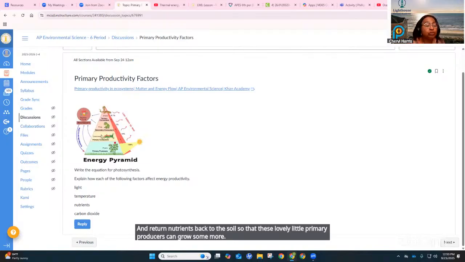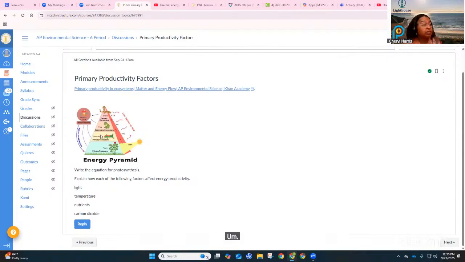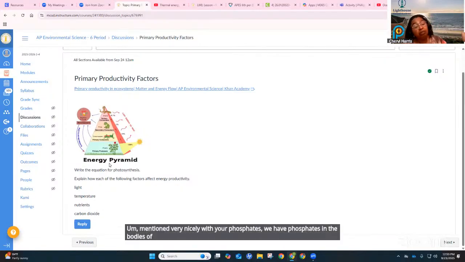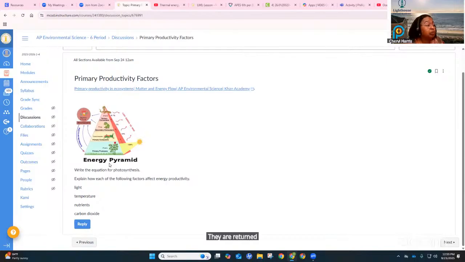All those nutrients that you've been talking about, some of you mentioned very nicely with your phosphates. We have phosphates in the bodies of organisms. They are returned back to the soil when those organisms die as well. So you see you have an arrow from every level going back to the decomposers, and bacteria and fungi are your decomposers.